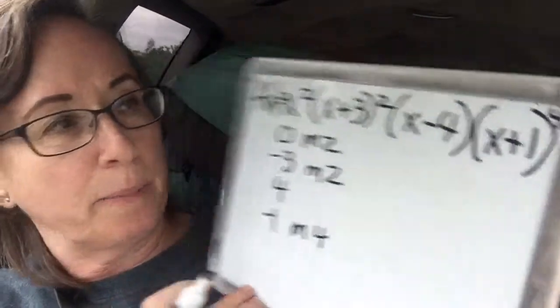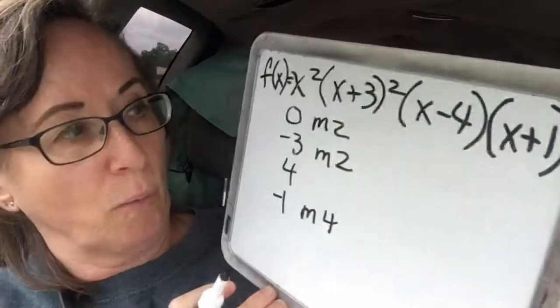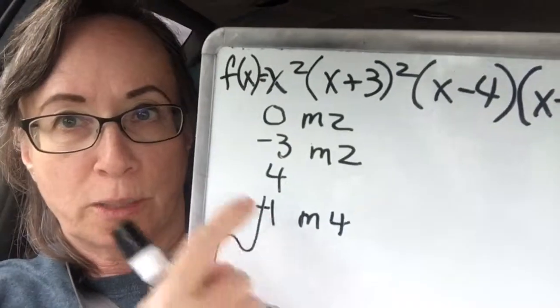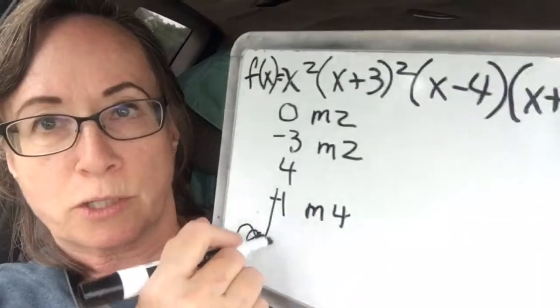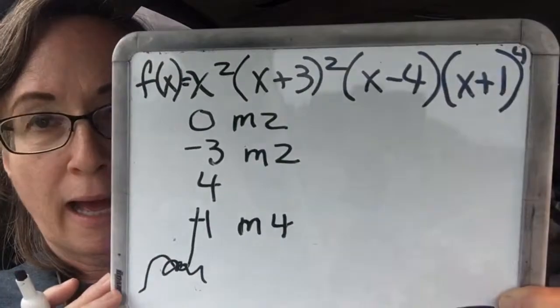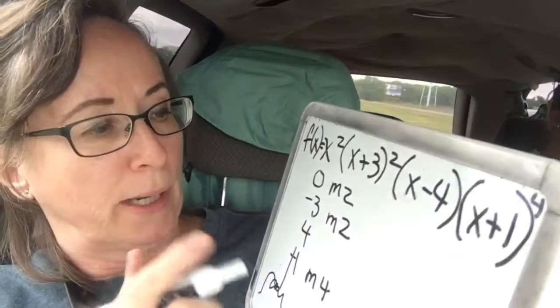Because it's a 9-degree polynomial and the lead term is positive, we're going to have this classic shape, aren't we? Now there's going to be a whole bunch more squiggles down here, but we should come in low and go out high.